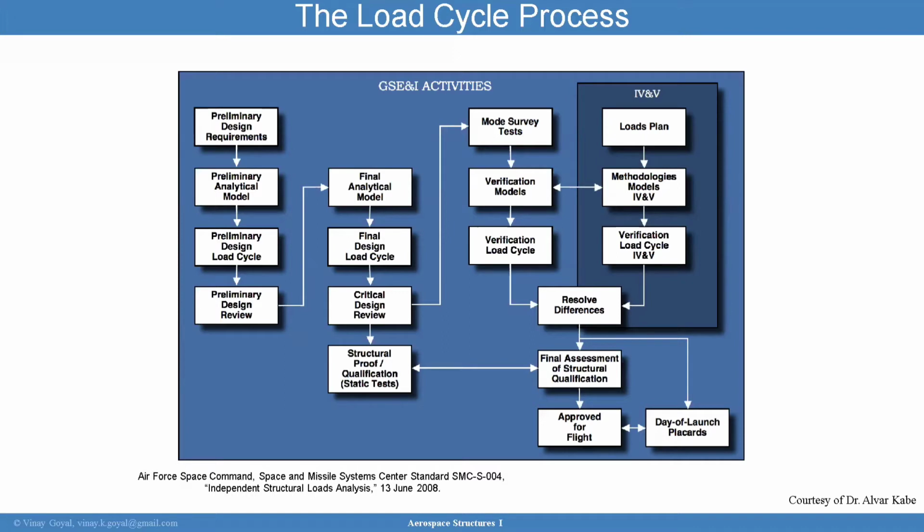For launch vehicles that require placarding for loads to meet reliability requirements, the only way to increase the launch availability is to either increase the structural robustness or decrease the launch reliability. You have only two options.